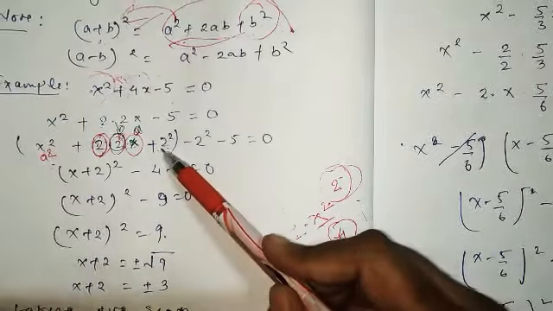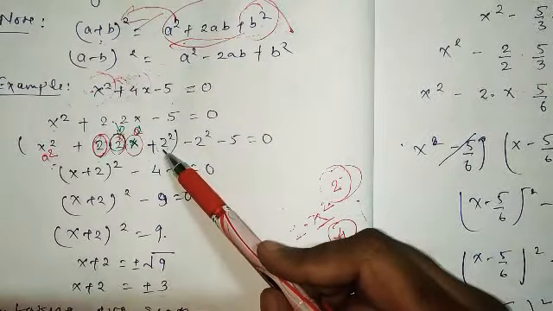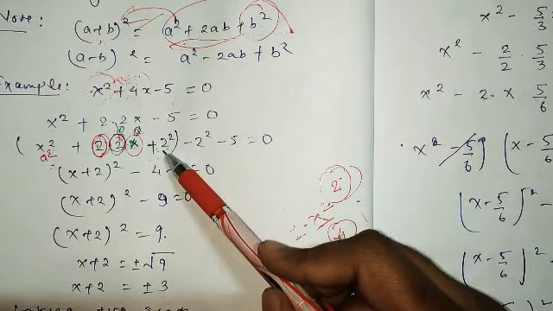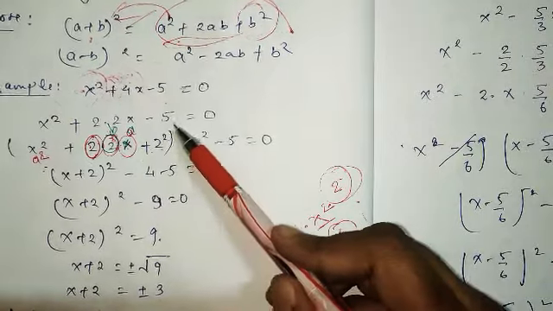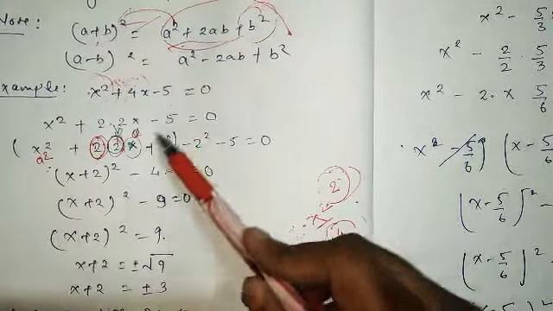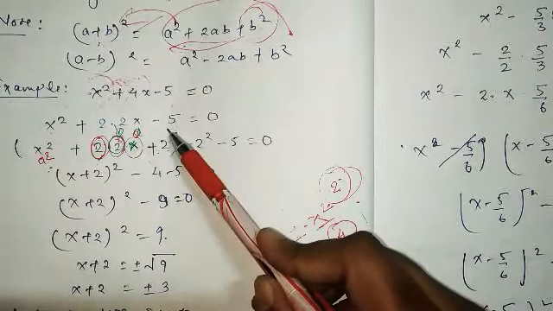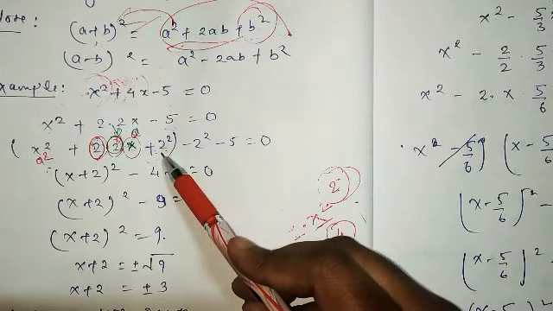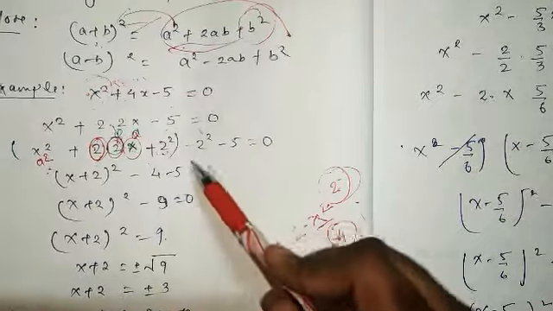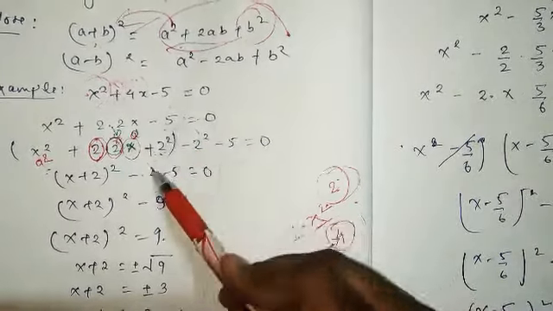Always take b square, that is 2 square here in this question, with the plus symbol. And because we have taken this 2 square with the plus symbol, we have to take the same number, that is 2 square, with the minus sign. So it will be balanced.